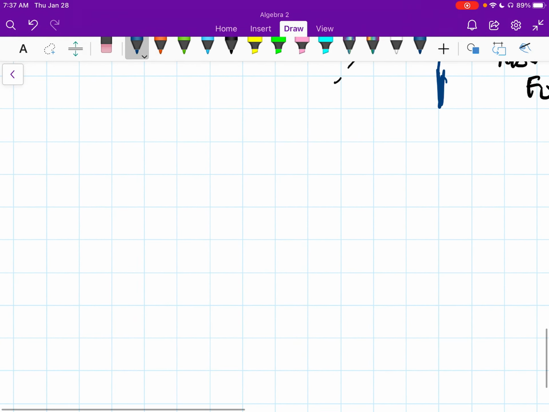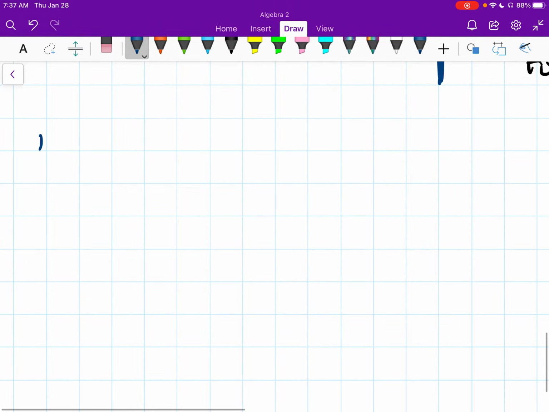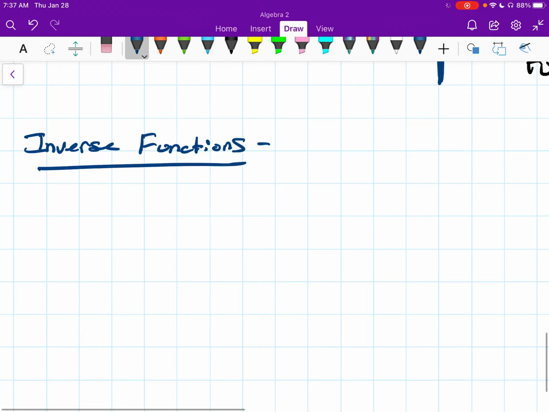Now we have the whole idea of inverse functions, and we have some fancy things we can do with that. Inverse functions. And kind of like how I talked about conjugates, you think about inverse functions as a pair, right?